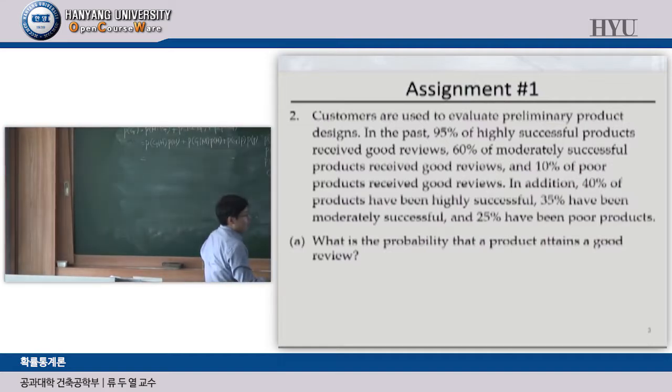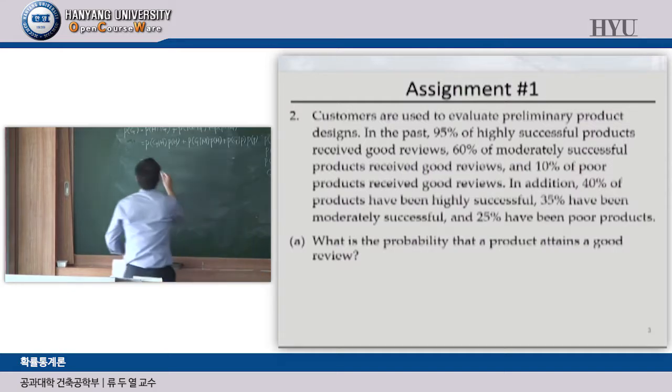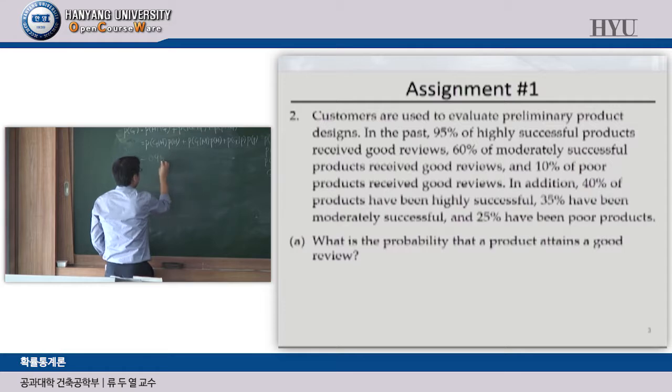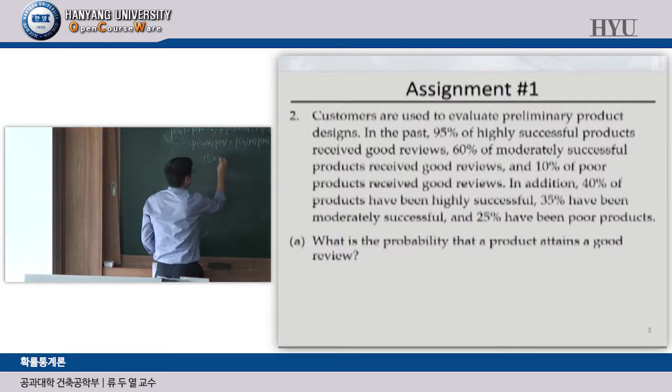That is 95%, so 0.95 multiplied by 0.4, okay?